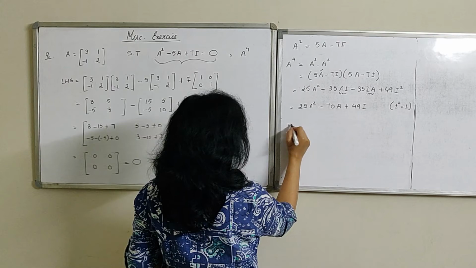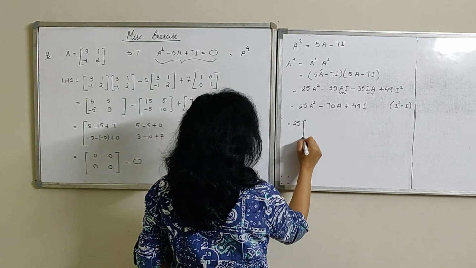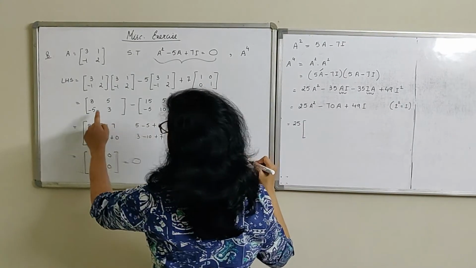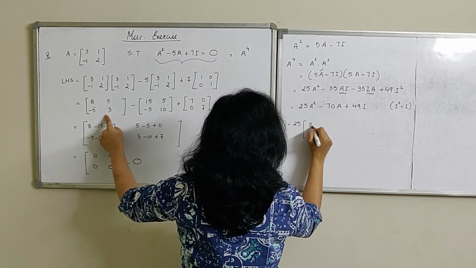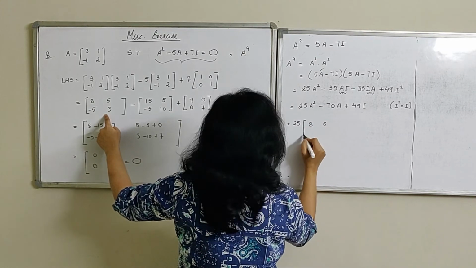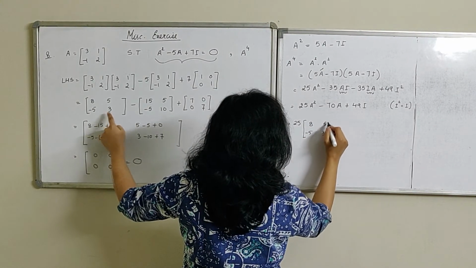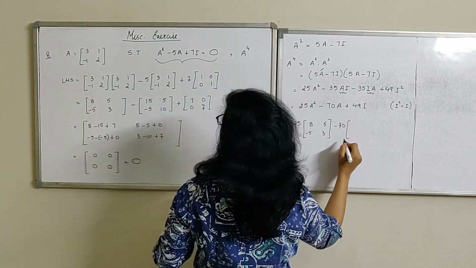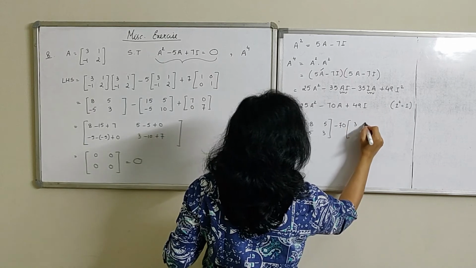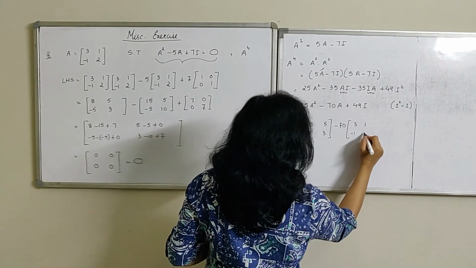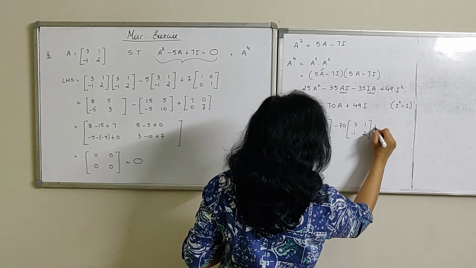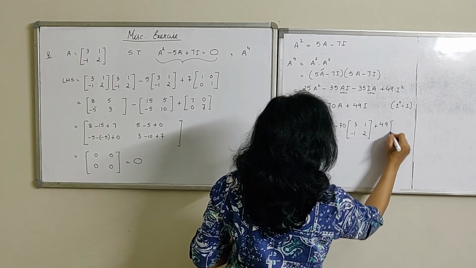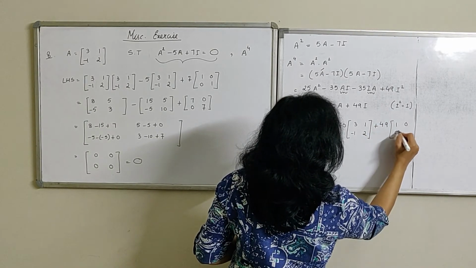Now let's substitute values here. 25 A square. A square we have already calculated. This is A square: 8, 5, minus 5, 3, minus 70 into A, which is 3, 1, minus 1, 2, plus 49 times identity matrix.